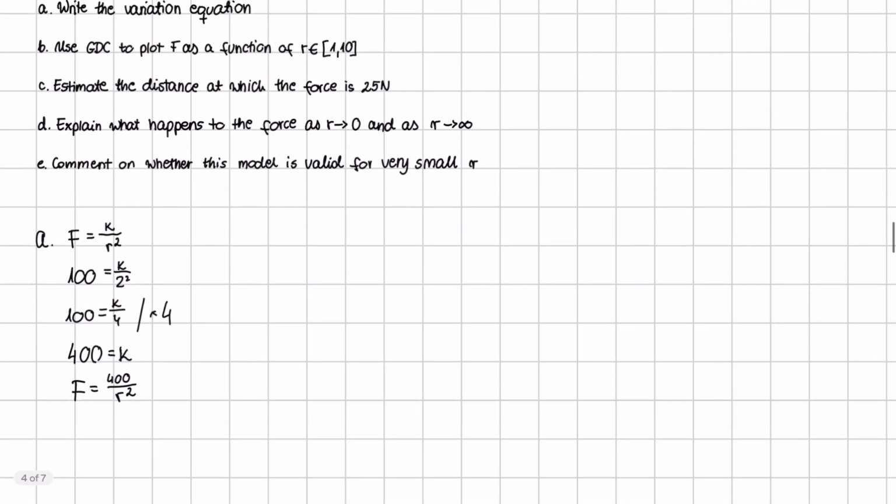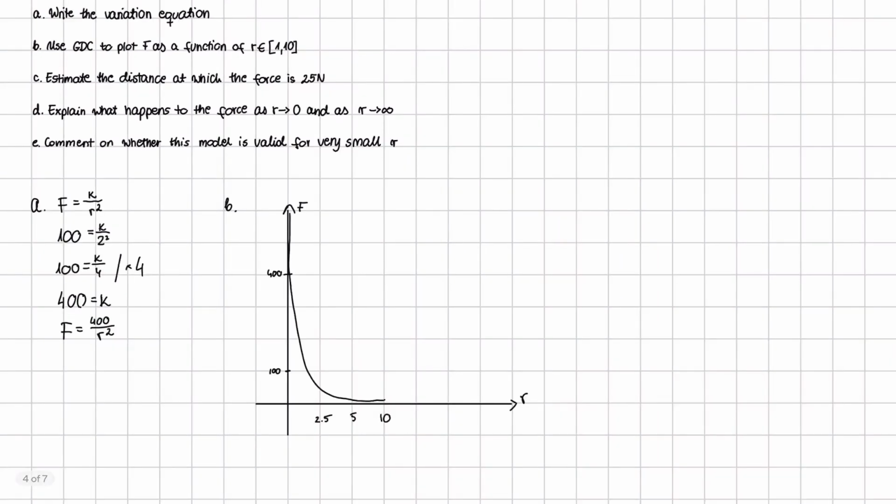And in B, we have to use our GDC to plot F as a function of r, and we are given our domain from 1 to 10. So your graph should look like this. And now we have C, estimate the distance at which the force is 25 newtons.